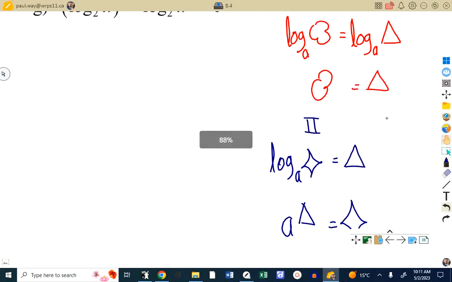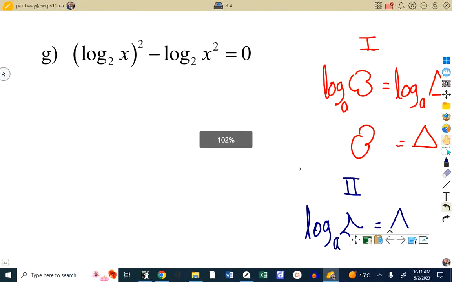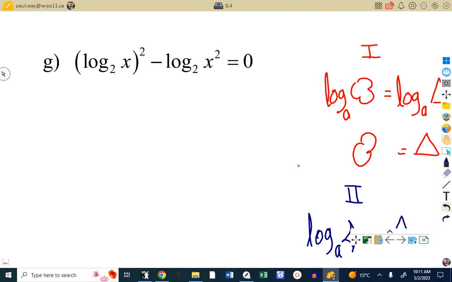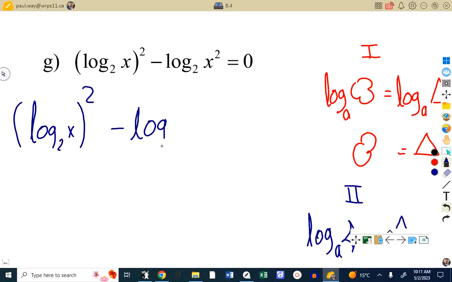What is the difference between log base 2 of x, squared, and log base 2 of x squared? Well, they're clearly different. I don't have brackets around that x squared, but there should be, or there could be. What is the difference here? Well, in terms of our rule for a power, I can move this 2 down in front, but I cannot move this 2 down in front.